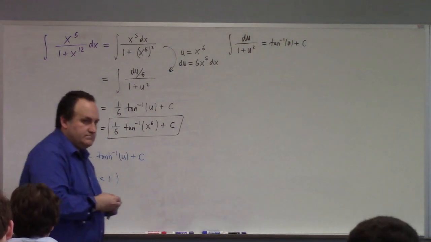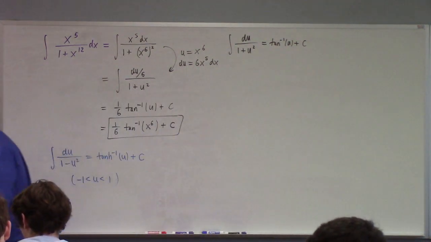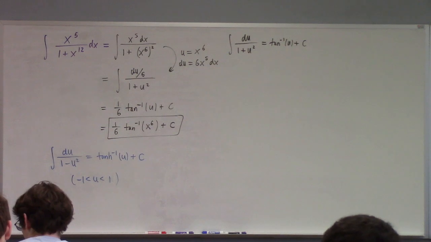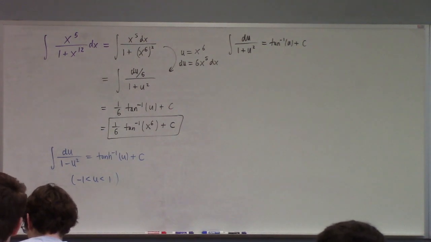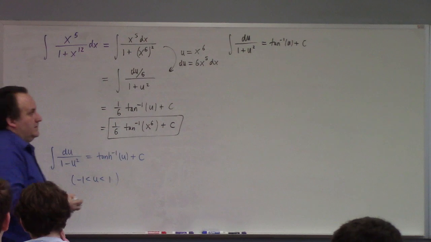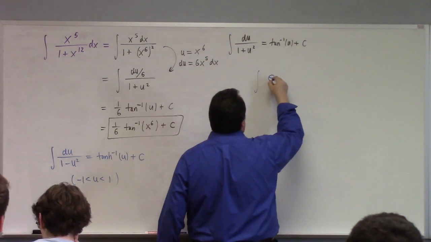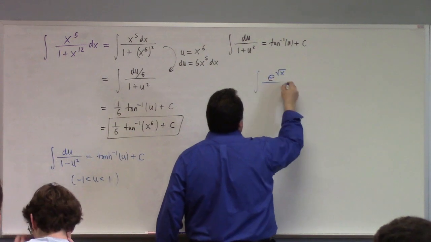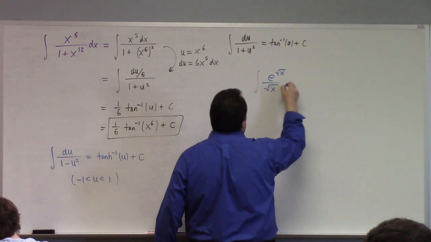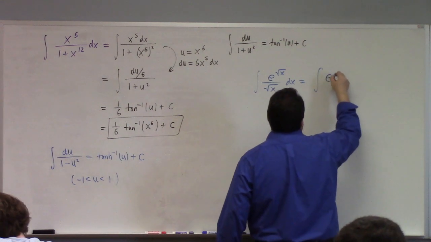For 342b, I'd let u equal square root of x. Like, say, the integral of e to the square root of x over square root of x dx. I've got the integral of e to the u.